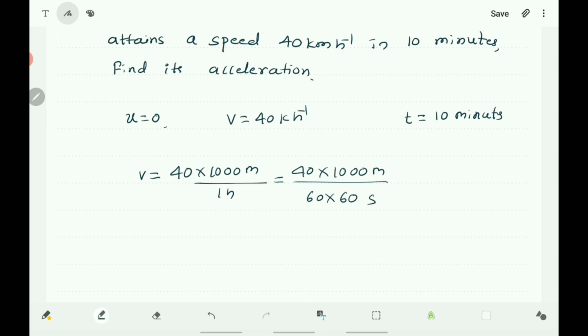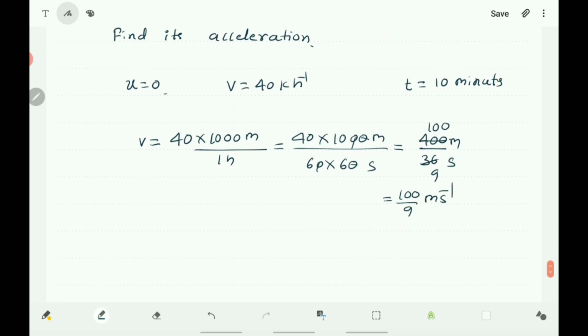Zeros cancel, then it is 400 by 36 meter per second. If it is possible, try to cancel: 4 nines are 36, 4 hundreds, then you will get 100 by 9 meter per second.